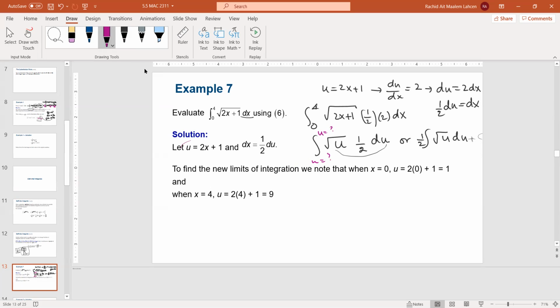So we will go back to this and say if x is 0, then u is 1, right? And if x is 4, then u is 9.